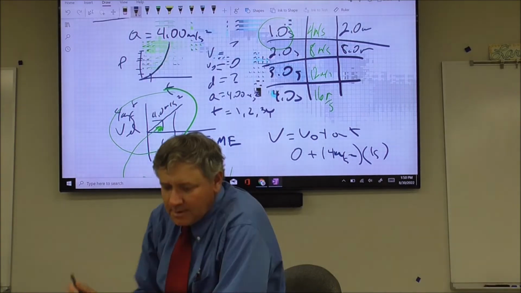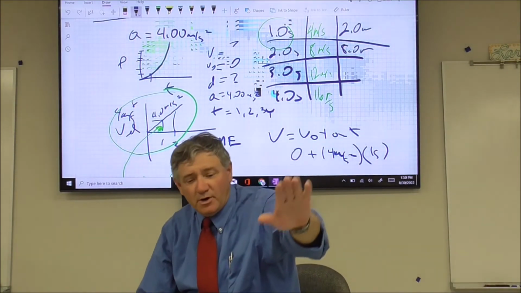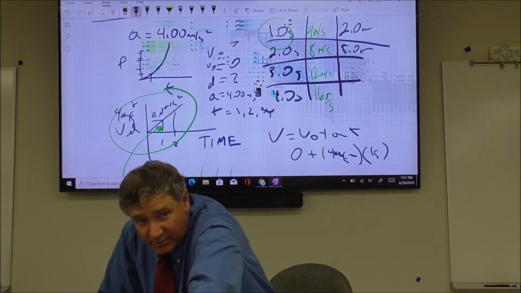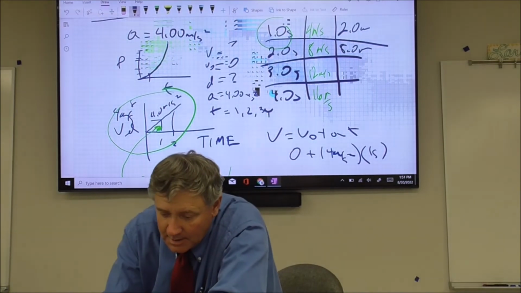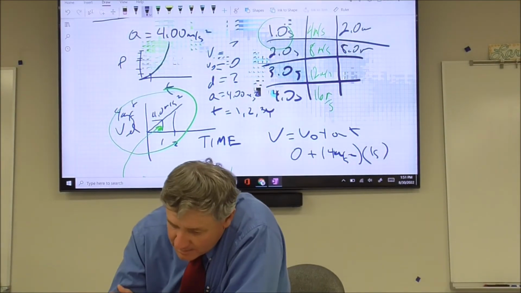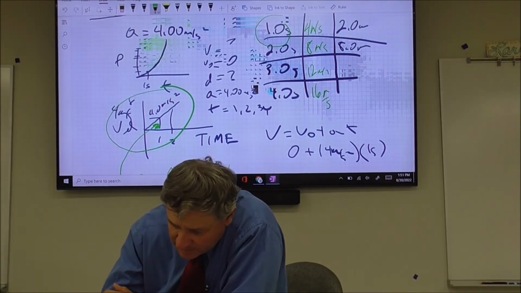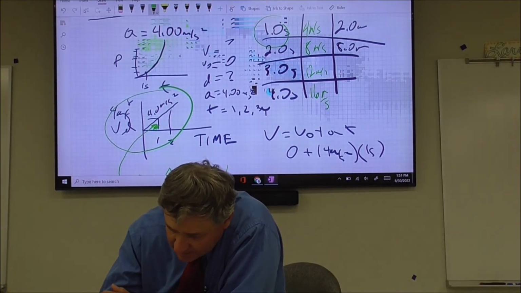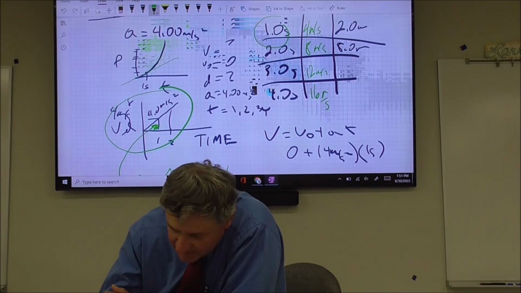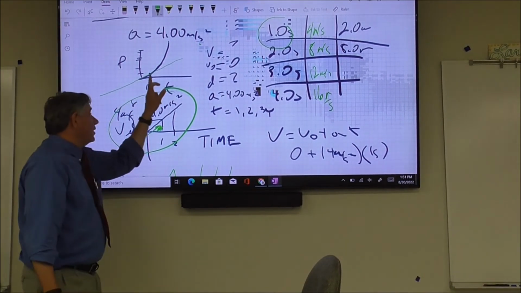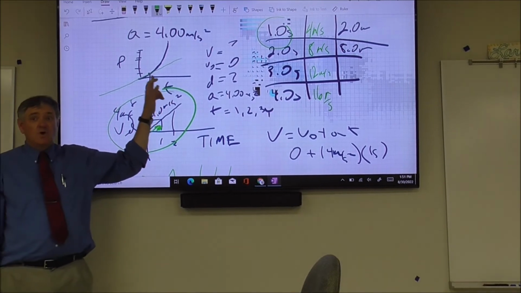Okay. Now, here's where we go full circle. I'm going to come in here at 1 second, and I'm going to draw a tangent line on this position-time graph that's going to touch that curve at 1 second and 2 meters.